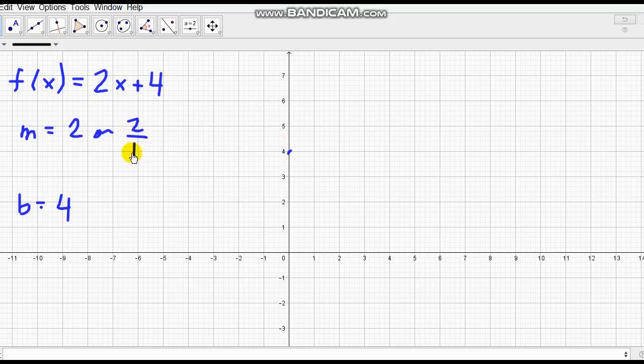Then rise over run: 2 units up and 1 unit to the right. So we have two points, this point and this point. We draw a straight line in order to graph f of x equals 2x plus 4. This is the graph of f of x equals 2x plus 4.